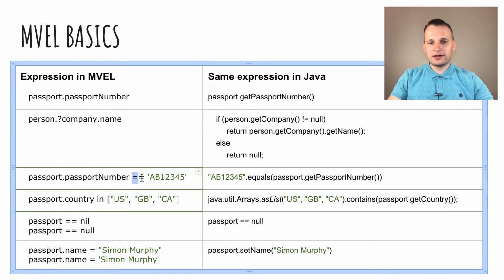And equals, we can do equals for strings, and strings can be between single quotes or between double quotes. Okay, we have some collection support also, similar to other languages besides Java, and you can write null or nil, it means the same.